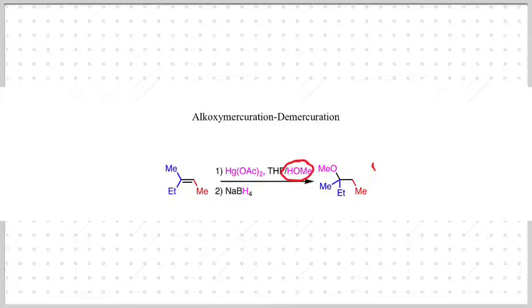For example, here we are using methanol as the reagent. So we will be adding OMe instead of the OH. So if we were using ethanol instead of the methanol, we will be adding the ethoxy group, that is OEt, instead of the OMe here. So that's the only difference between oxymercuration demercuration and alkoxymercuration demercuration.